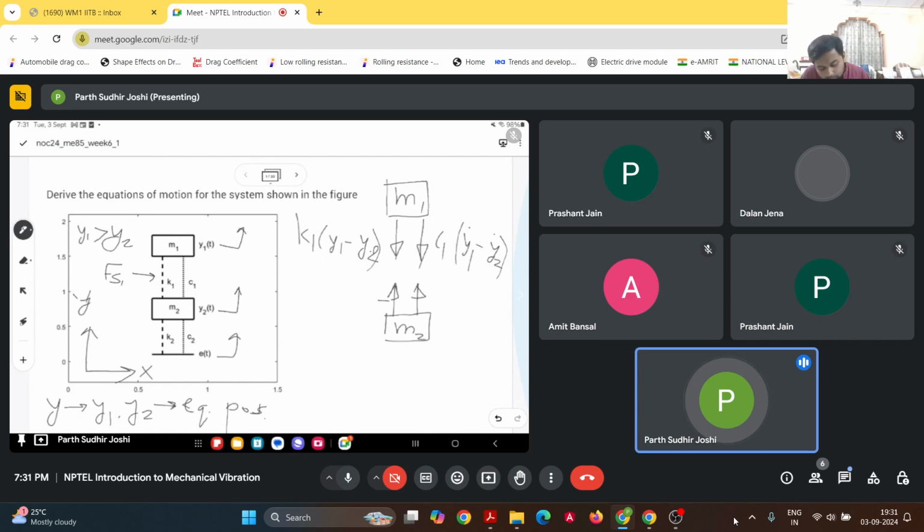So there will be four external forces acting on m2. One thing which you may have noticed till now, I generally never use this concept of pseudo forces.